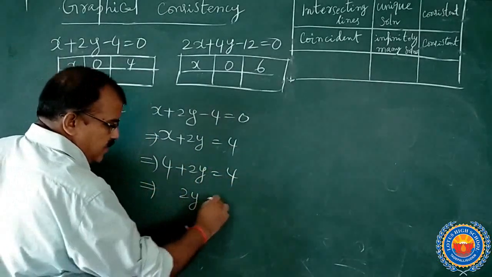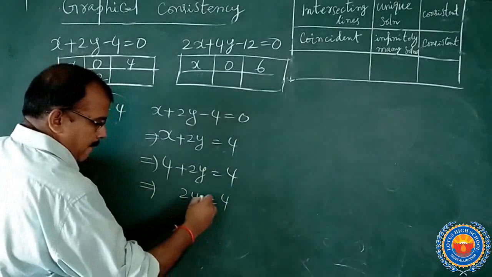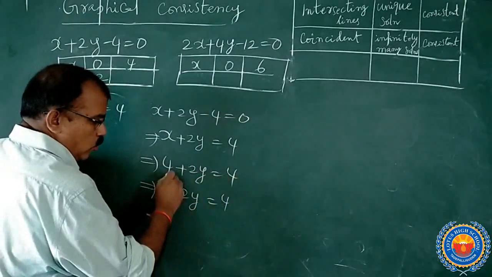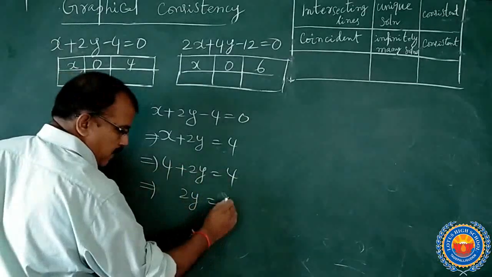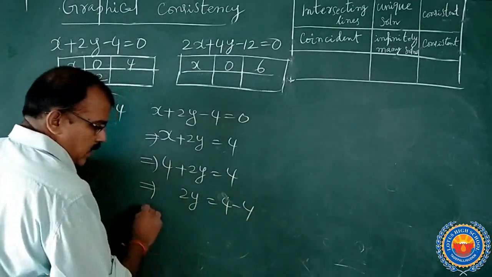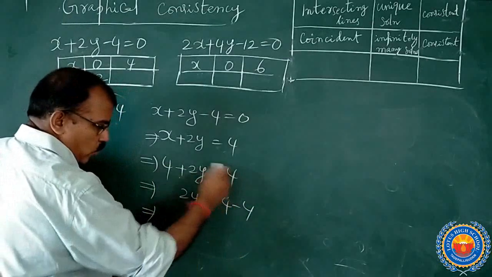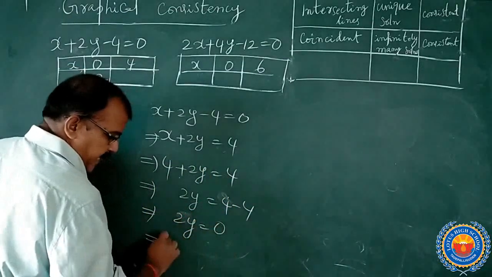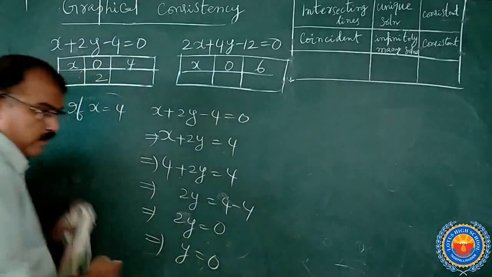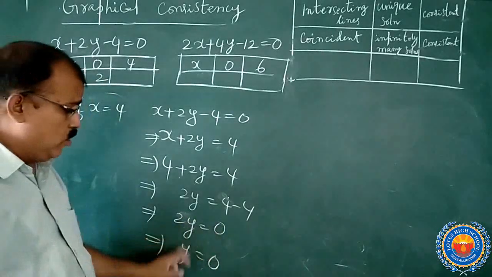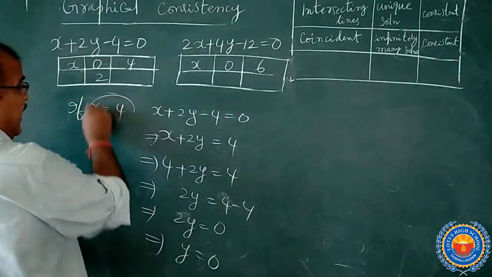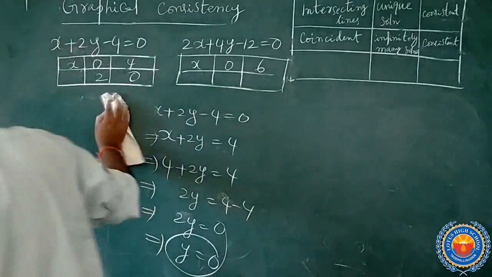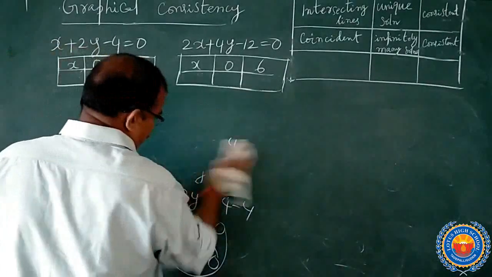The plus 4 is transposed to minus 4, so 2y is equal to 4 minus 4, that is 2y is equal to 0. That implies y is equal to 0 by 2, which is 0. So if x is equal to 4, y is equal to 0.